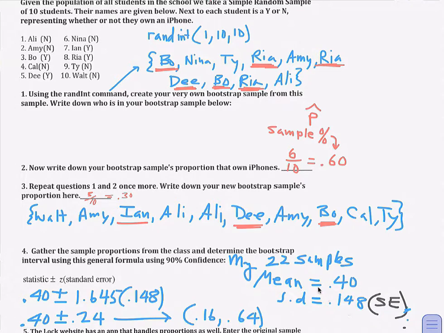So using the information from 1-Var Stats, I could just type that into the same exact formula that we used for calculating the Bootstrap intervals for averages, and apply it to the percentages, get a margin of error of 24%, so somewhere between 16% to 64% of the students in the school own iPhones.